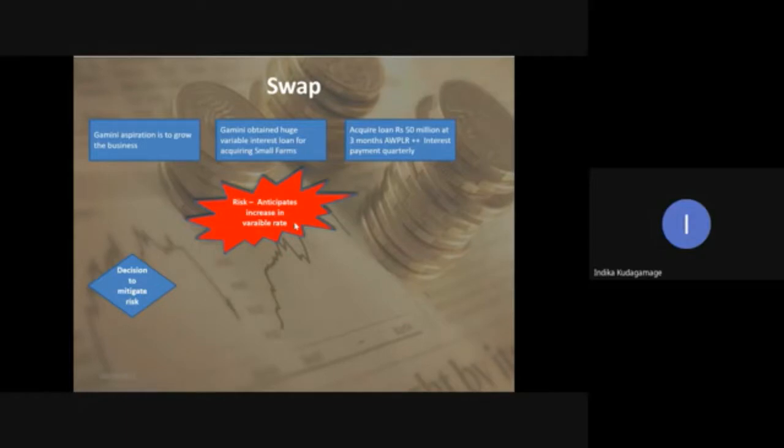Again, this is also done through an exchange. Right? So it is not peer-to-peer, it is through an exchange. So I can go to the exchange and say, okay, 50 million, 5-year repayment, variable rate. I will go and sell my variable rate cash flow to the exchange. Then from the other side, someone who needs a similar cash flow will buy that.